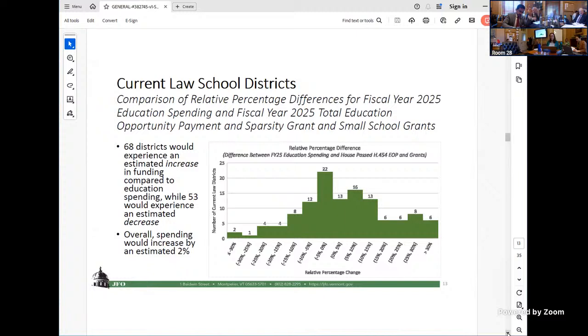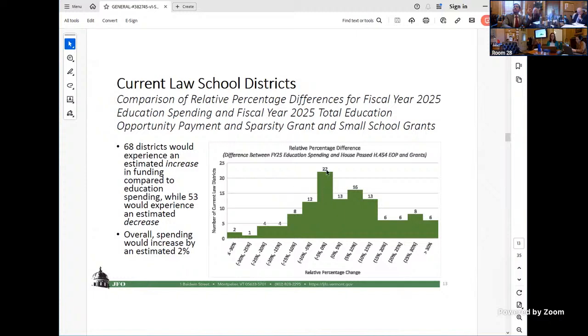No, thank you. I've tried to be consistent with colors and formatting throughout the slide deck, so it is important to understand it. What we're looking at here is a histogram. Each one of these columns represents districts. On the x-axis, we see the bins or the groupings.